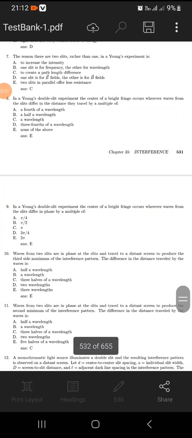In Young's double slit experiment, a bright fringe occurs whenever waves from the slits differ in phase by a multiple of what? None of the above.